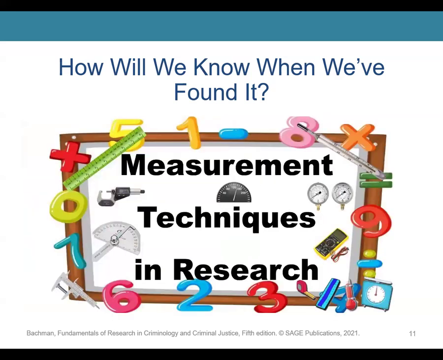So, let's go with our measurement techniques. Interrelated measurement tools. Using available data, asking questions, making observations, and using the unobtrusive indicators are interrelated measurement tools, each of which may include or be supplemented by others. There's something called triangulation.